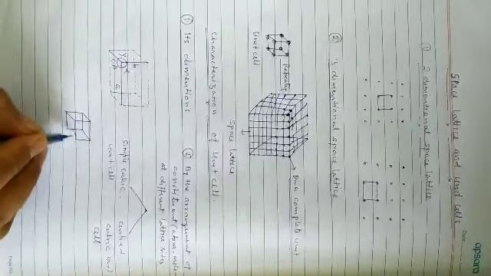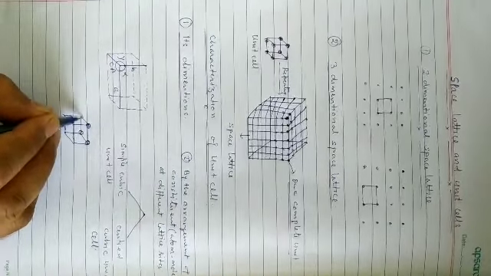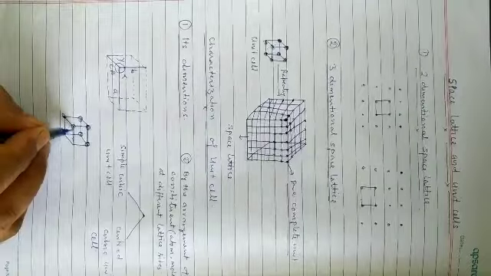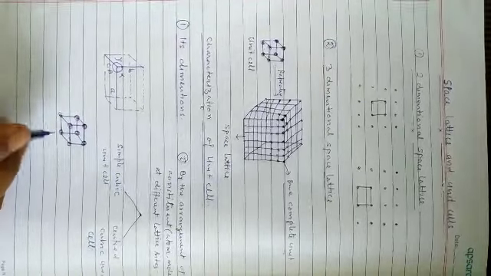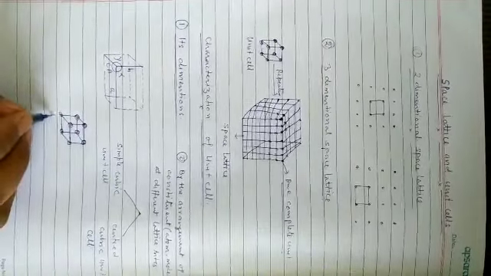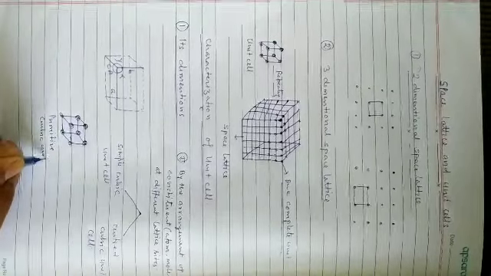So here the atoms or molecules are present only on the corners of the cubic unit cell. If this type of unit cell is there, then it is called simple cubic unit cell, or it is also called primitive cubic unit cell.